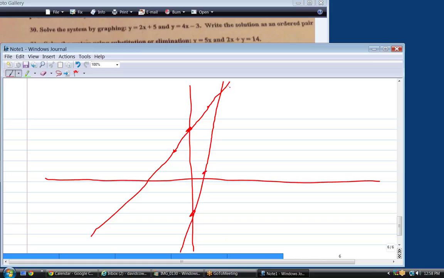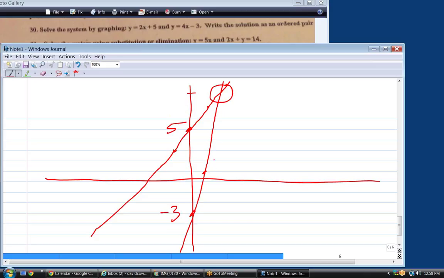So our intersection point is our solution. Now, that's not easy to figure out on my graph. In other words, I know this point is 5 and I know this point is -3.